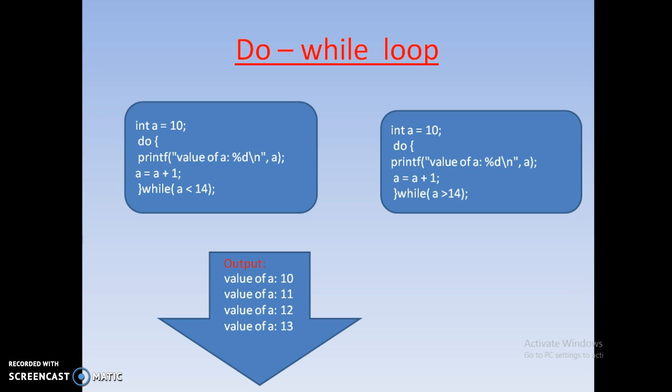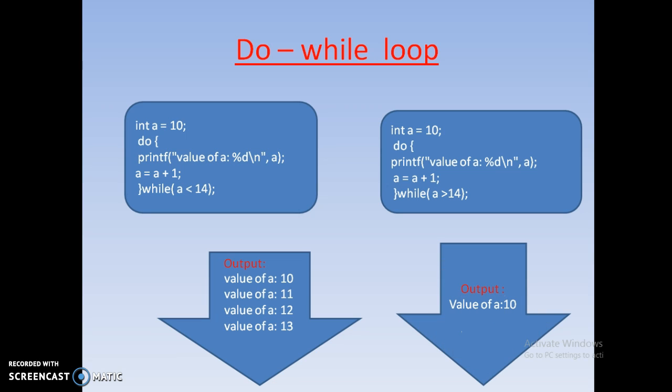But in the while statement, we can see that its test condition here goes wrong. That is, a must be greater than 40, but here a is less than 40. But since the do while loop is an exit control loop, its output will print the value of a as 10.